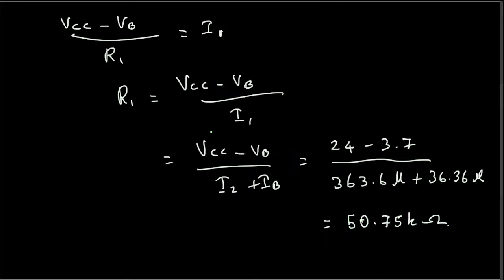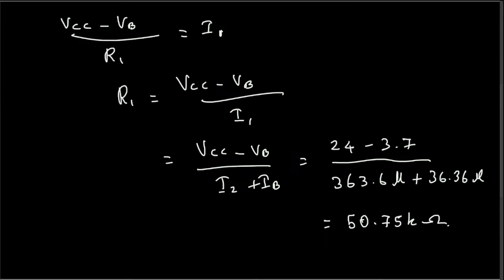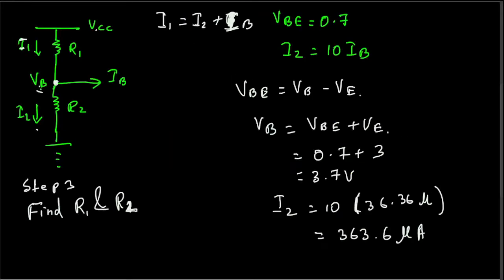Okay, now we have the R1 value. The next thing is we have to find out R2. For R2, we can do a similar thing. Let's look at this circuit. VB minus 0 divided by the resistor in between should be equal to the I2 current.